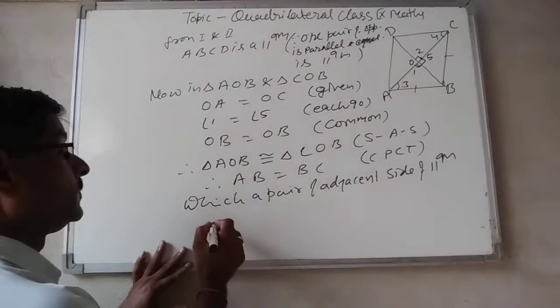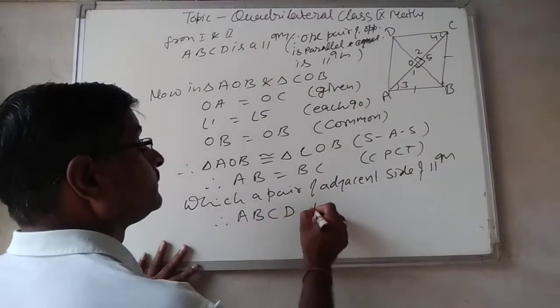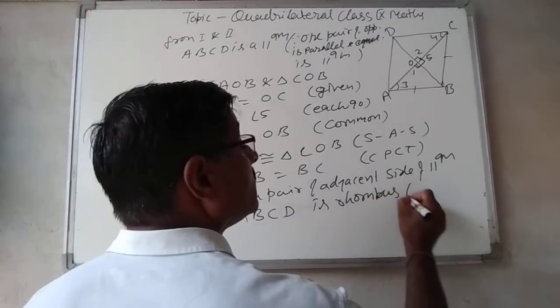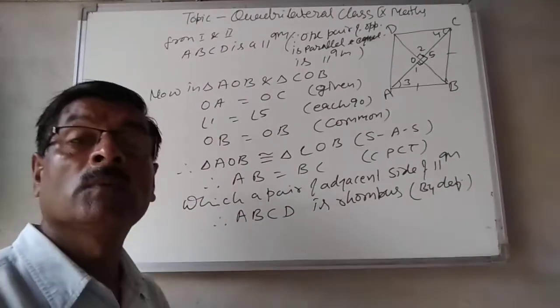Therefore ABCD is a rhombus by definition. Hence proved.